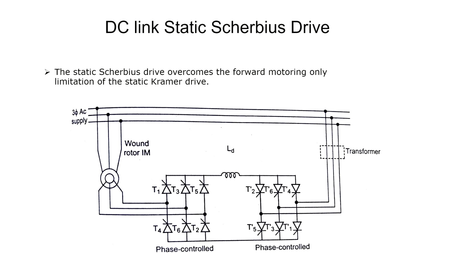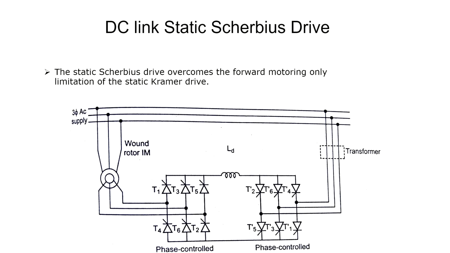Bridge 2 is operated with a firing angle range of 90 degree to 180 degree. It means that bridge 2 works as an inverter. Now the slip power flows from the rotor circuit to the supply through bridge 1, bridge 2 and the transformer. Here the transformer steps up the rotor voltage to the level of the AC input supply.